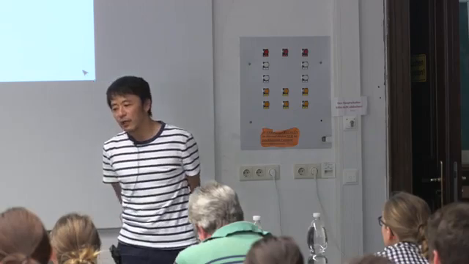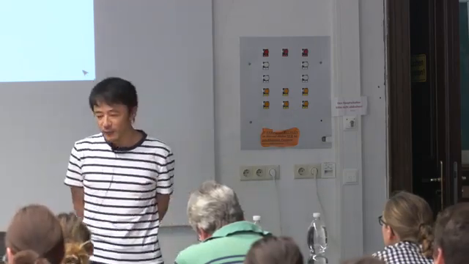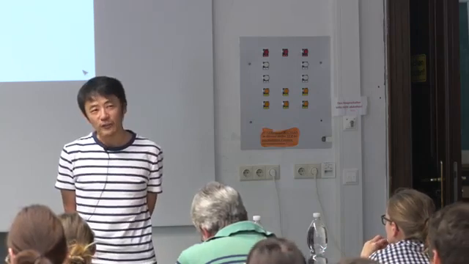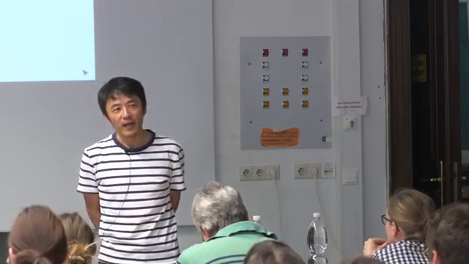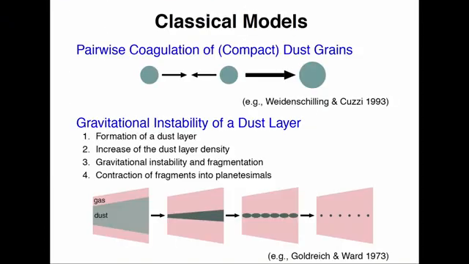So now we come to this planetesimal formation part. This is, I think, now the most difficult stage of planet formation. So let me start by introducing the 2 classical models. The first one is very simple, just pairwise coagulation of dust grains, right?